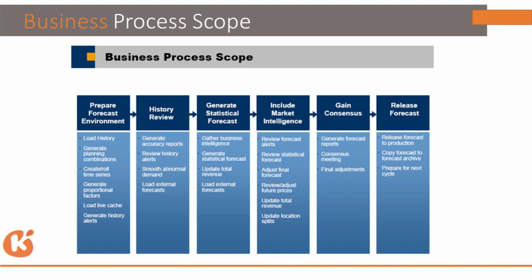Then the demand planners will review the history and make any corrections required. Then we run the statistical forecast, and the sales and marketing team add the promotion value. In the consensus meeting, if any corrections are needed, they do them, and finally the forecast is released.